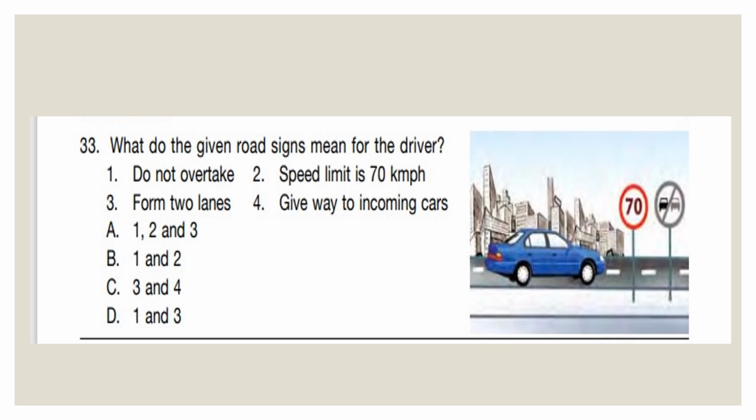Option B 1 and 2. Option C 3 and 4. Option D 1 and 2. This road sign says speed limit is 70 km per hour, while this says do not overtake. So statements 1 and 2 are correct. So answer is option B.